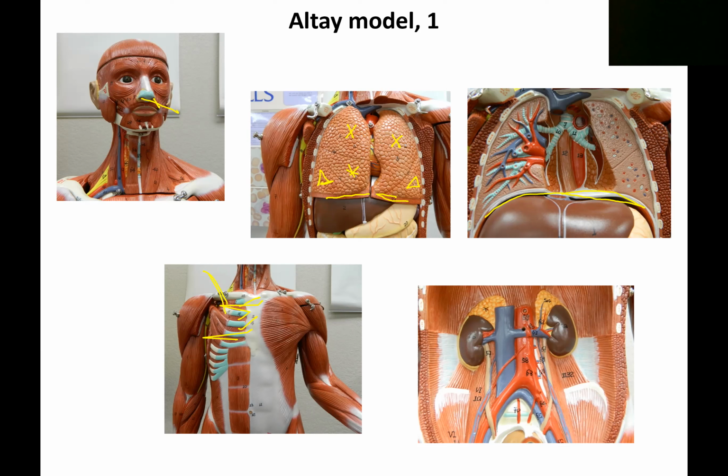You can see the distal end of the trachea, primary bronchi, secondary bronchus, secondary bronchus, secondary bronchus.